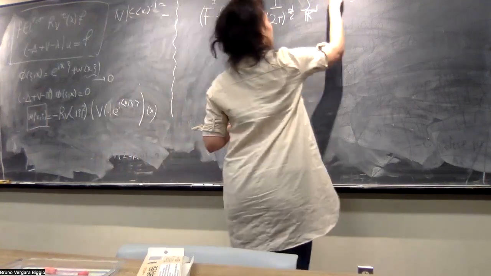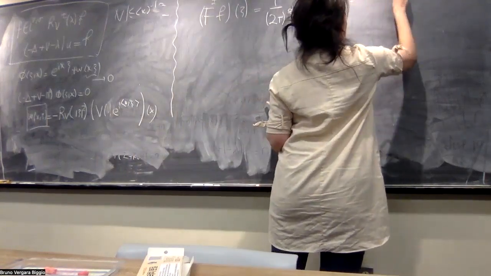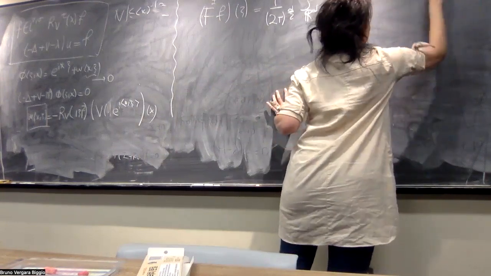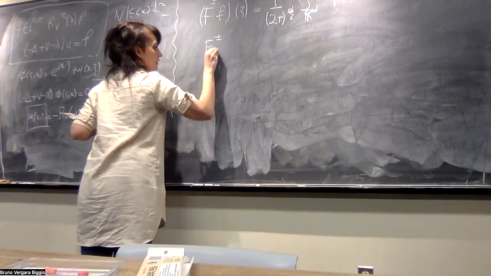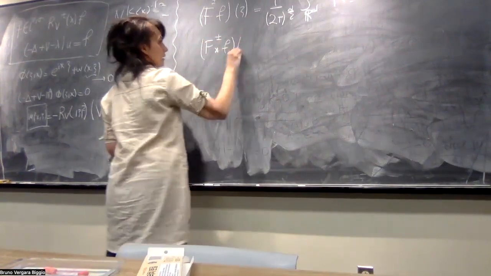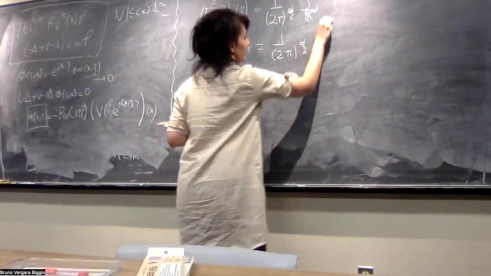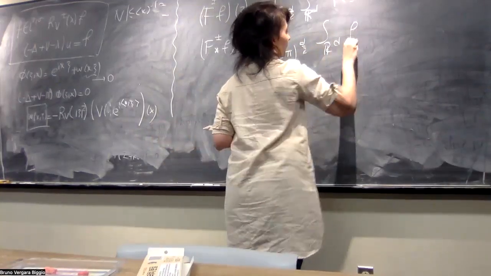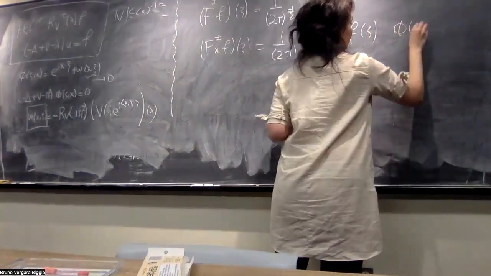So I'm going to have f(x) phi(x, xi), and its adjoint is defined in a similar way, with f(xi) phi(x, xi).